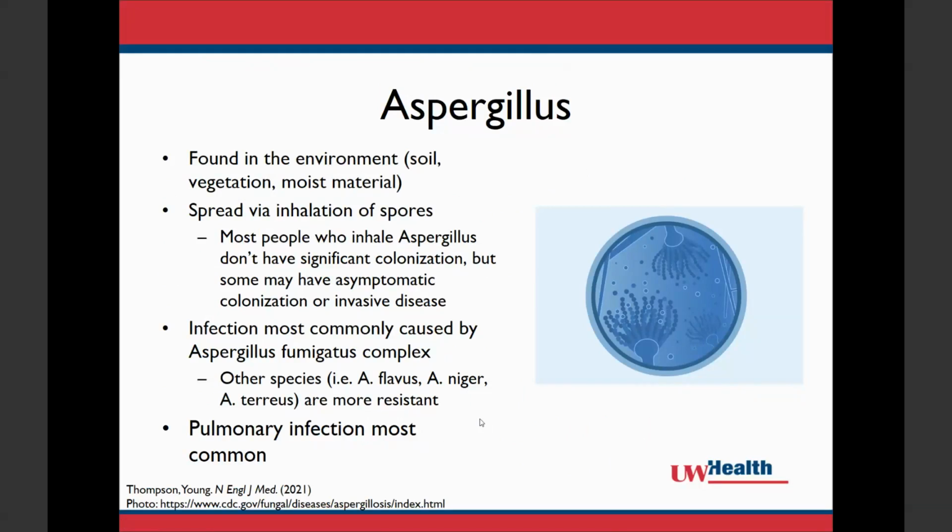Some people who inhale Aspergillus don't clear it and may be colonized with it and just be asymptomatic, and some people it can lead to invasive disease. And usually the most common species is the Aspergillus fumigatus complex, but others are out there but tend to be more resistant.